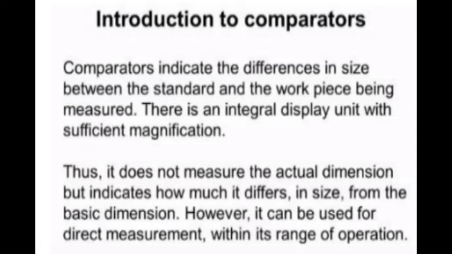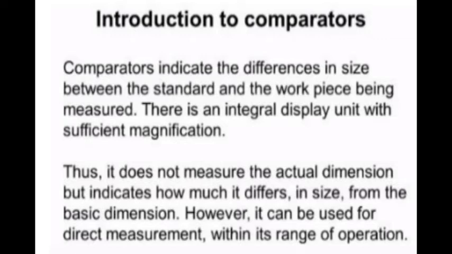Now, the basic principle of operation of a comparator. The comparator is first adjusted to 0 on its dial or recording device with a gauge block in position. The workpiece to be checked is then placed in position, and the comparator gives the difference in dimension in relation to the gauge block.